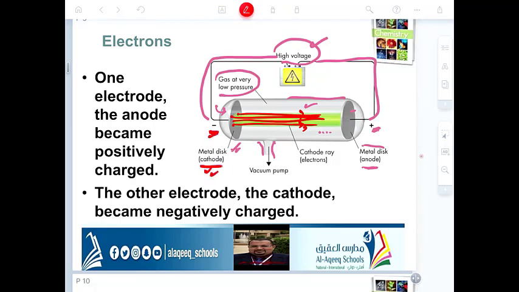So he called it cathode rays. And these cathode rays are negative because they are emitted from the negative electrode. And because the charge is negative, he discovered that the electron carries a negative charge, and this beam is formed from many of these electrons.